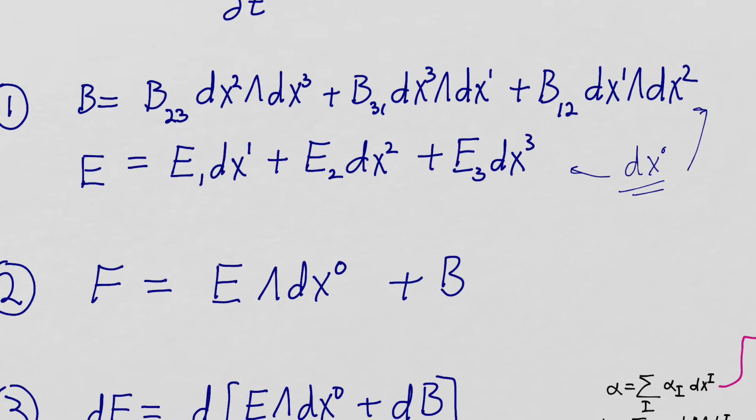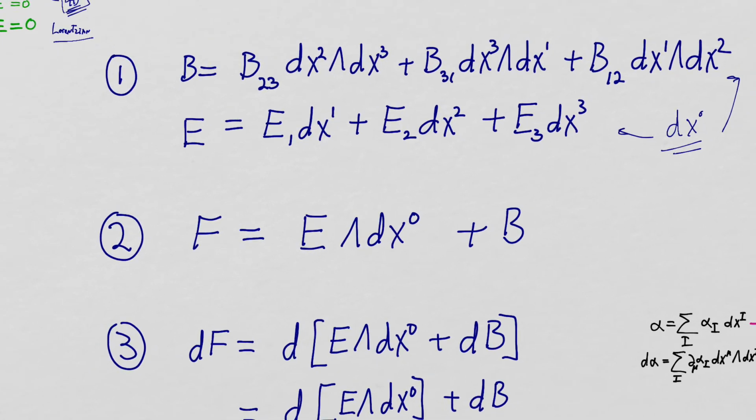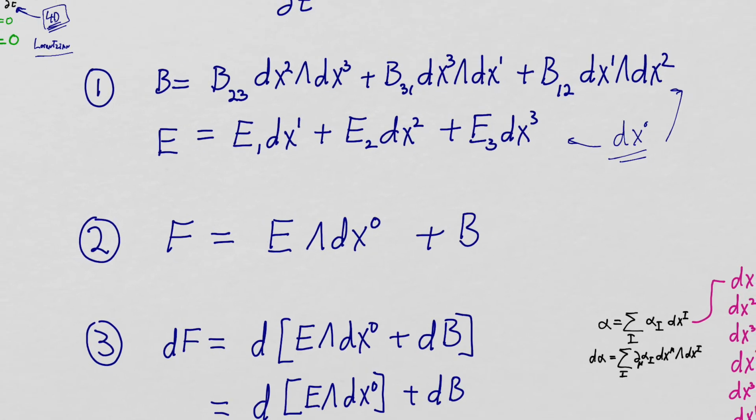But what we will do is take these 2 objects we've created and bind them together. We're actually going to mix them into a single object that we're going to call F, and F is going to be the electromagnetic field.